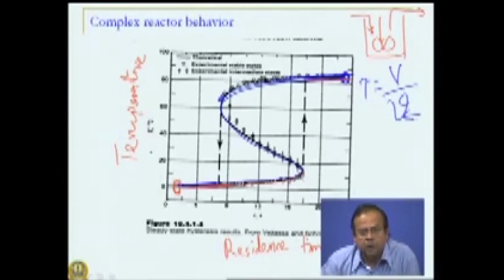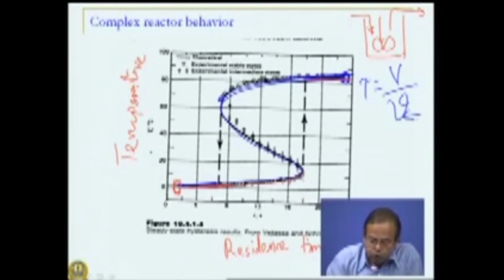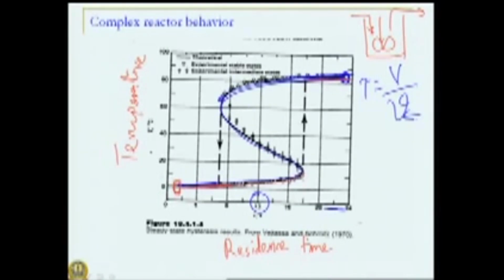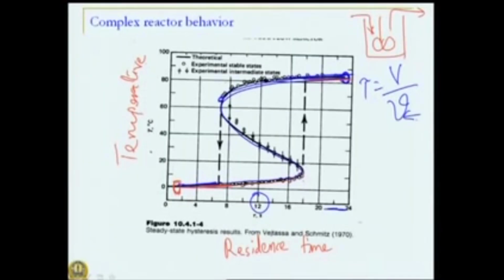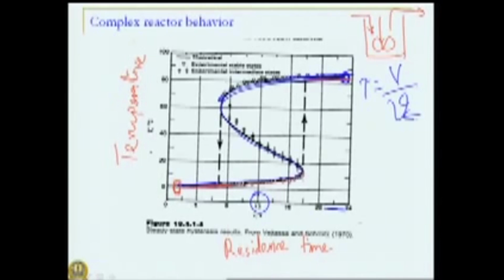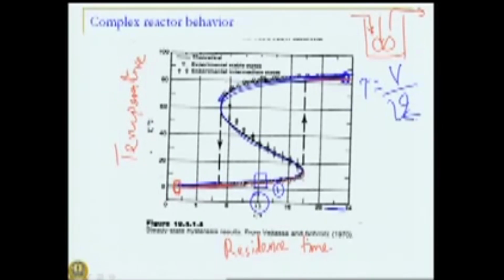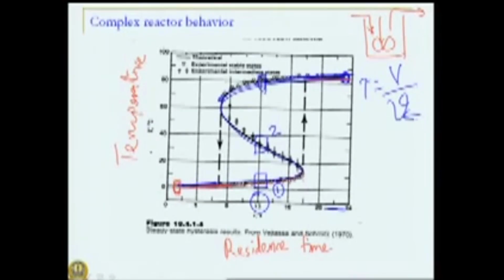And this is an interesting behavior for the following reason. You choose a residence time such as 12 seconds, such as this particular value. The reactor is operating under exactly identical conditions, but depending upon how we achieve this residence time of 12 seconds, we could get a steady state temperature in the reactor either at this value, which I denoted by number 1 over here, or this value number 2, or some value over here number 3.